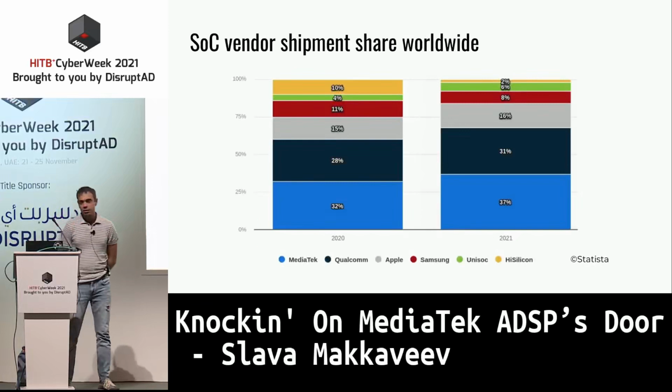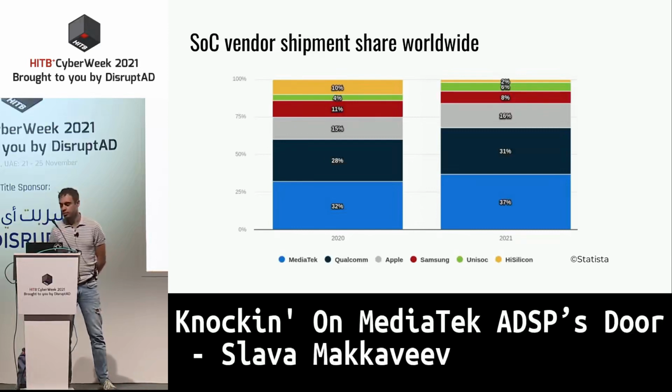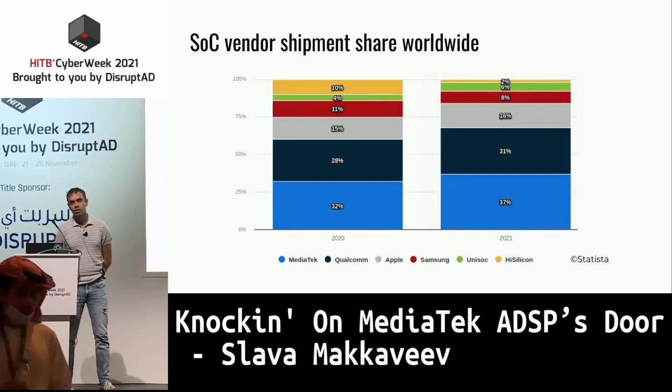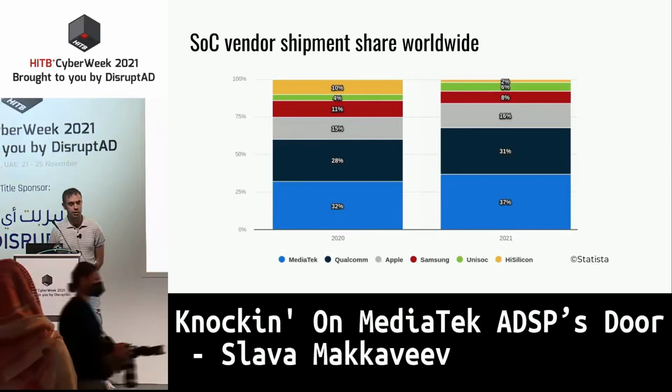Taiwan's MediaTek has been the global chip manufacturer starting from the third quarter of 2020. And as you can see on this slide, MediaTek SoCs are embedded in approximately 37% of all smartphone and IoT devices in the world, including high-end phones from Xiaomi, Realme, Vivo, Oppo that are highly popular in Asia.